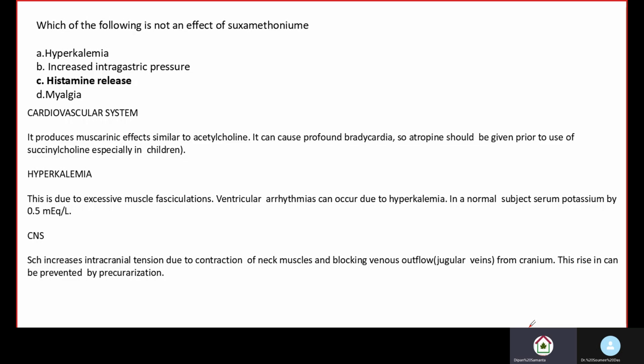Now, suxamethonium produces a muscarinic effect similar to acetylcholine. It can cause profound bradycardia, so atropine should be given prior to use of succinylcholine, especially in children.